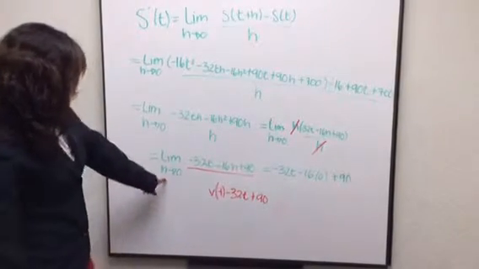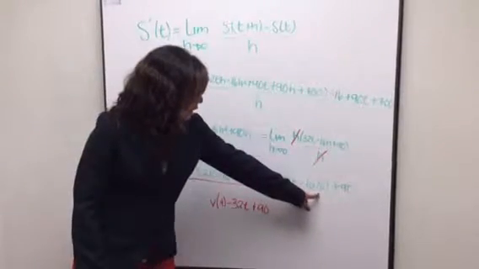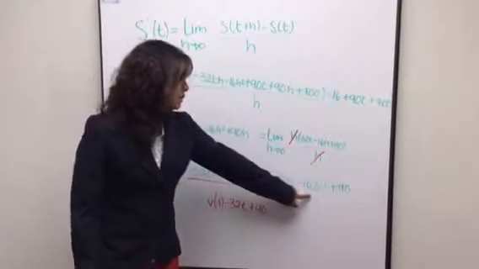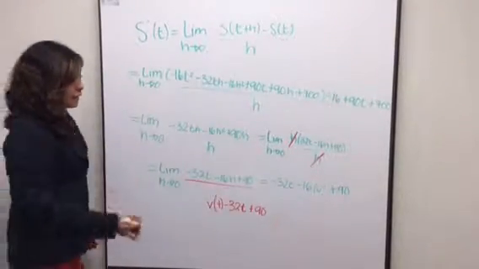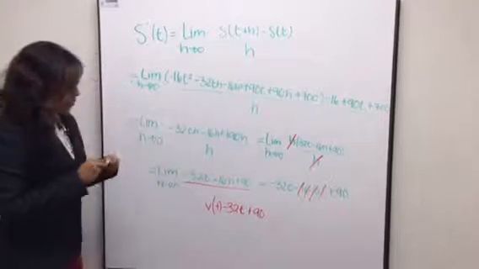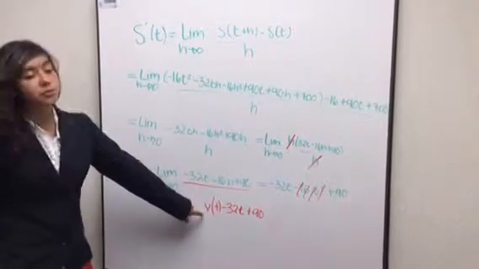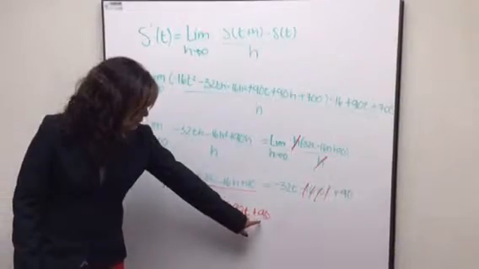And then we are just going to substitute the h to 0, and if we multiply minus 16 times 0, this is going to be eliminated, and our velocity as a function of time is going to be minus 32t plus 90.